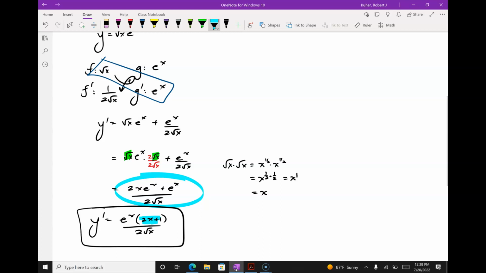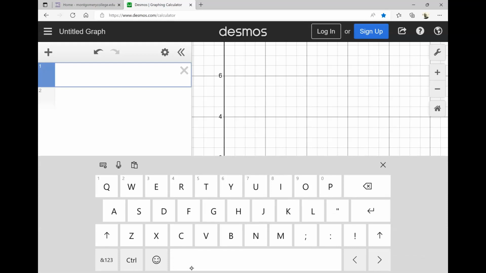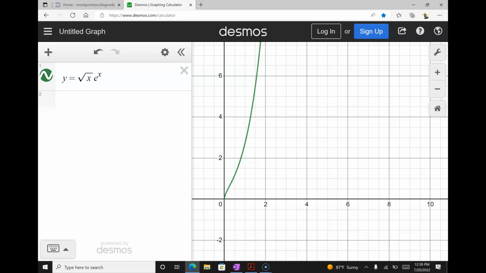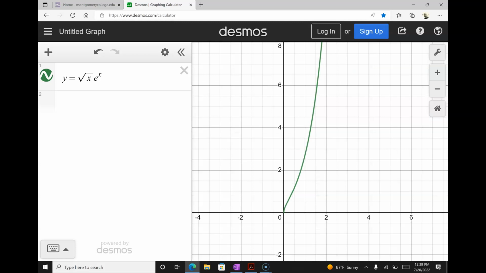Let's do a tangent line there, right? So we have our original function, y equals square root of x times e to the x. And we know our derivative, but let's pick a point here.